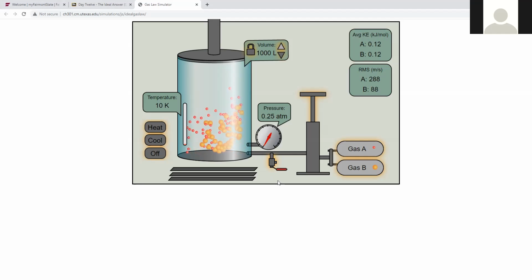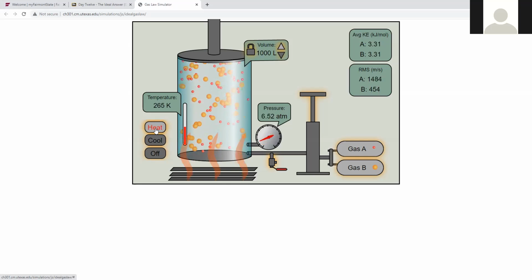and we have a pressure of 0.25. It doesn't have to mean anything to you. Like, I don't know what an atmosphere is. If you really wanted to know, it's how much pressure the air above you is exerting on you at sea level, which is 1 atmosphere. But you don't have to know that. Just look at that little 0.25, and I'm going to turn up the heat.